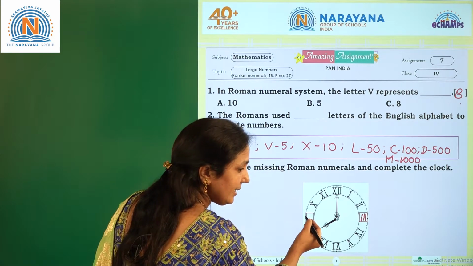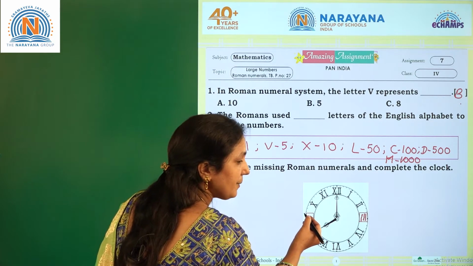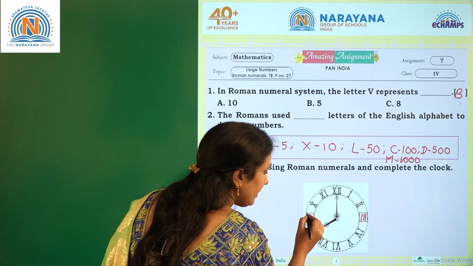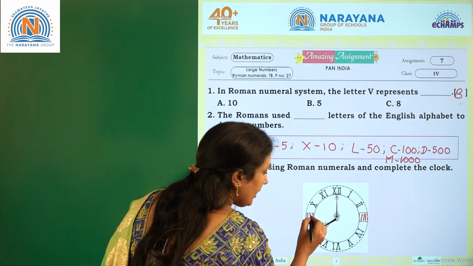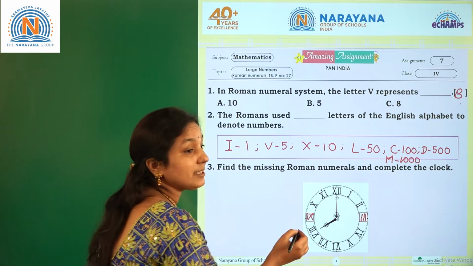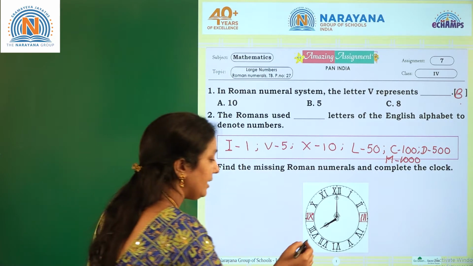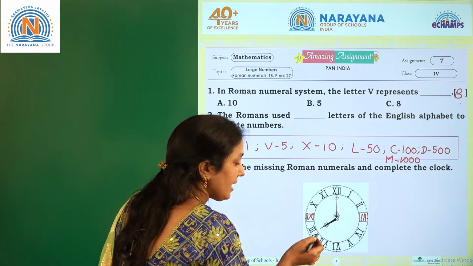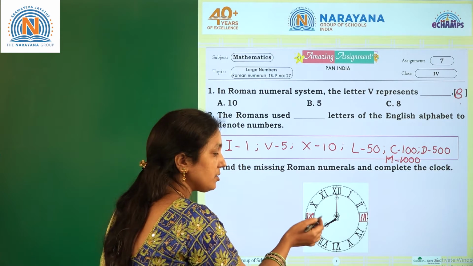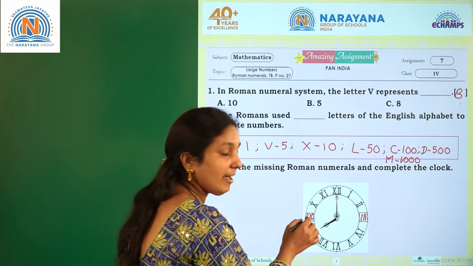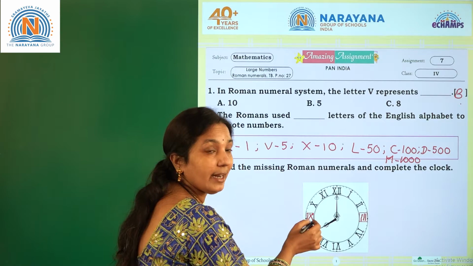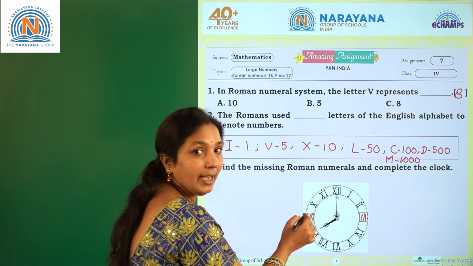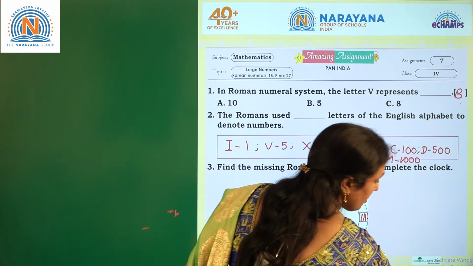What is the missing letter here? 9. So how to represent 9? I, X. Already you know a letter can be represented 3 times only. Here already in 8 I represented 3 times. So what is the next number? 9. So 9 how will we write? I, X. And next one.